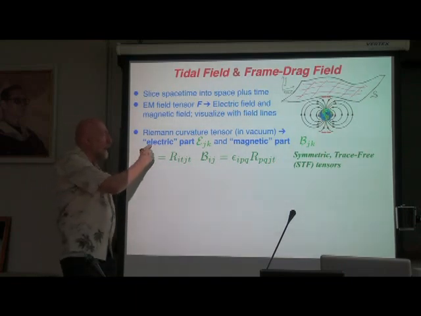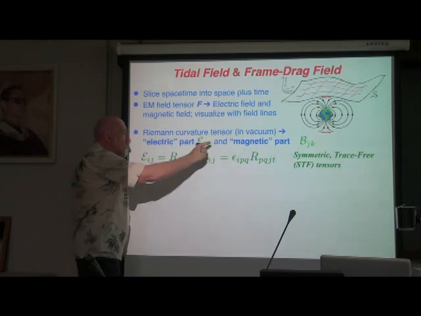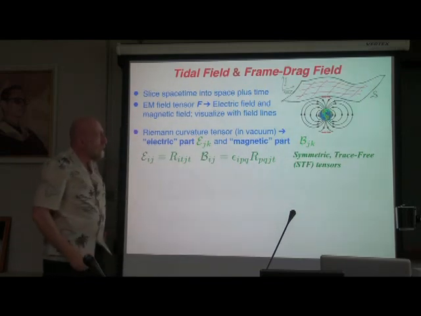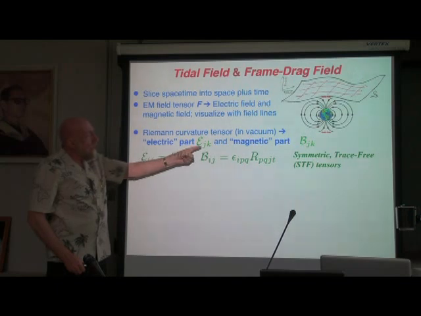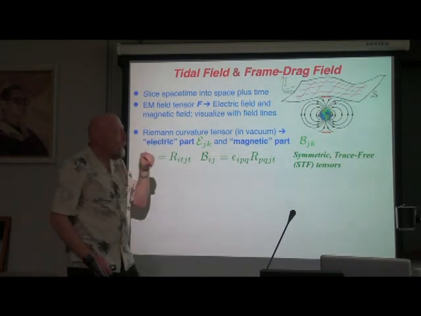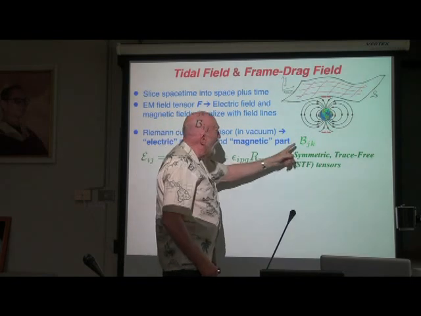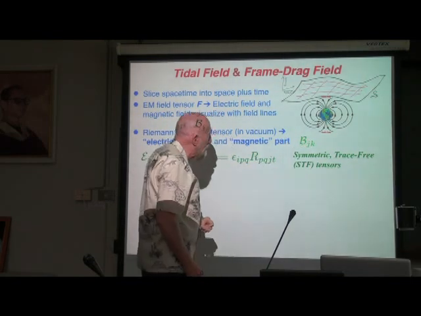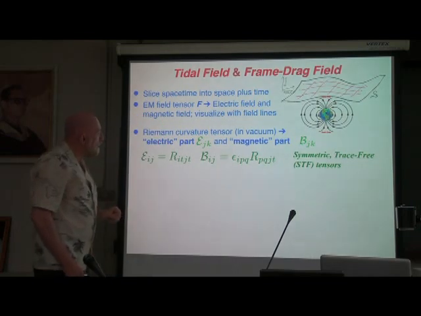Something that is rather like the electric field and something rather like the magnetic field. But in this case, these are symmetric trace-free tensors. I'm doing this all in vacuum. So, 2 symmetric trace-free tensors.